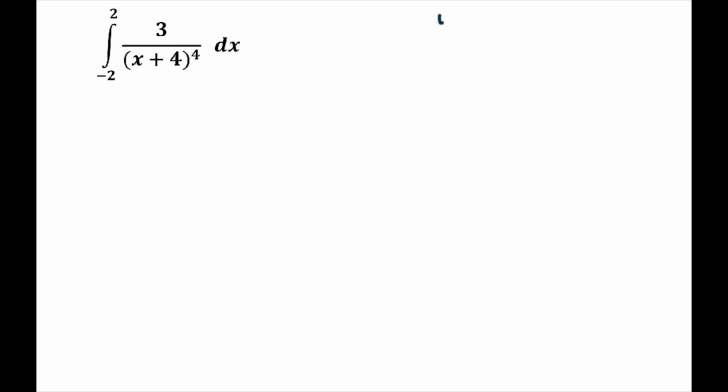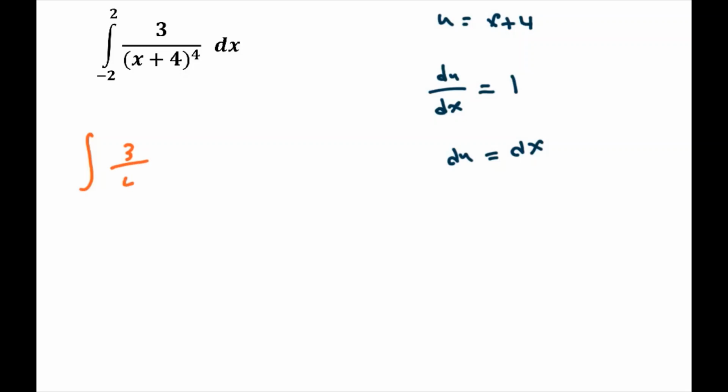So I'm going to say let u equal x plus 4, du over dx equal 1. So du equals dx. Now you can say the integration of 3 over u to the power of 4 du. Now the limits, negative 2 to 2, are basically for x.